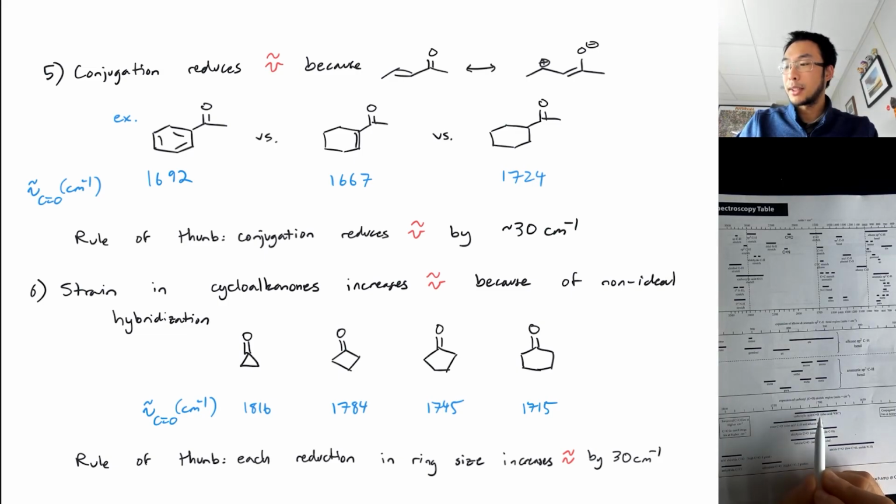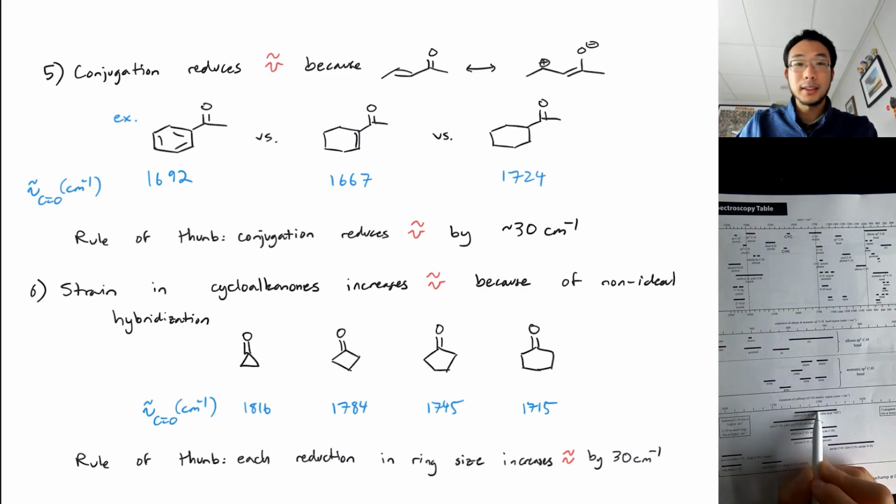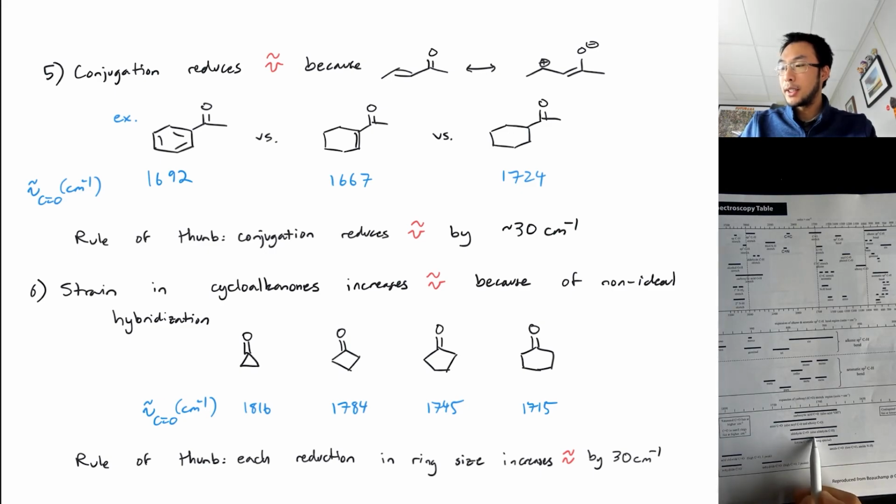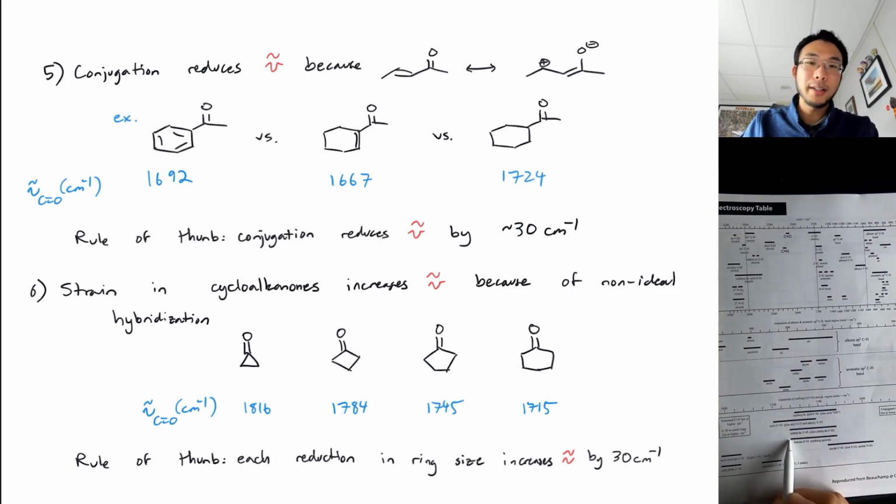So if I see a carboxylic acid is usually, at the center, around 1700, and I see that it's at, let's say, 1670, then I think in my mind, oh, that might be because it's a conjugated carboxylic acid. Likewise, if I see the ketone that's supposed to be at like 1720 and I see it showing up at like 1740, then I might think to myself, maybe it's strained.